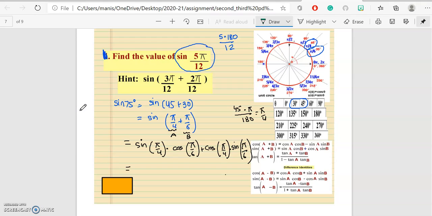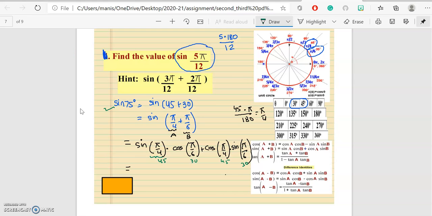Now if you want to type this in your calculator, it will not give you the answer because this is in radians and our calculator works in degree form. So I can use a shortcut. Since the question wants me to show my work, I showed my work here, but I know pi over 4 is 45 and pi over 6 is 30.